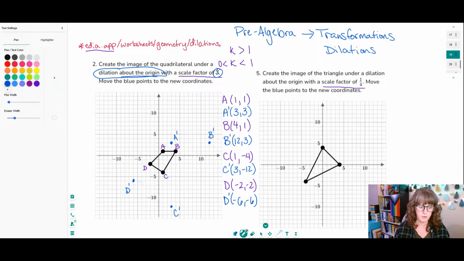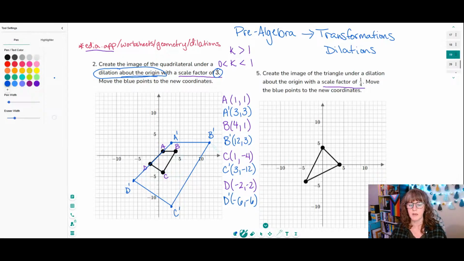Great. We're going to connect all those points. So because our center of dilation is the origin, that means the further away from the origin our original point was, the more extreme the change is, because we have higher numbers the further away that we go from our origin.